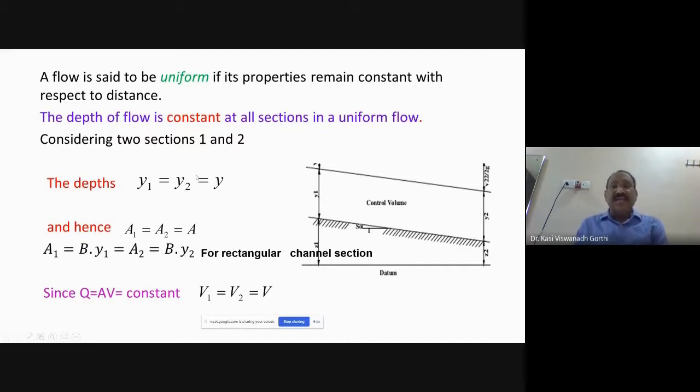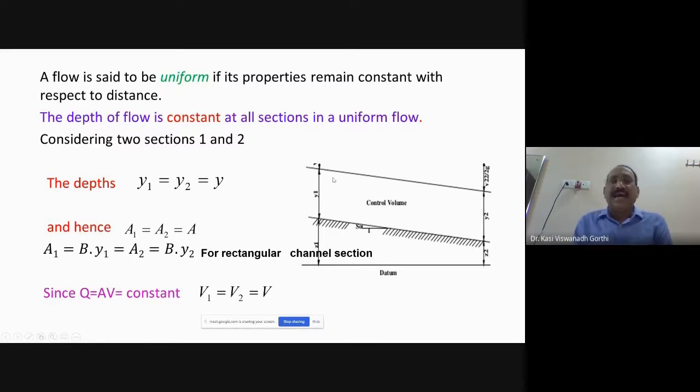For a prismatic channel, say a rectangular channel, what would be the wetted area, or the cross-sectional area, at section 1? It is the bed width multiplied by the depth of flow, B into y1. Similarly, at section 2 it becomes B into y2.